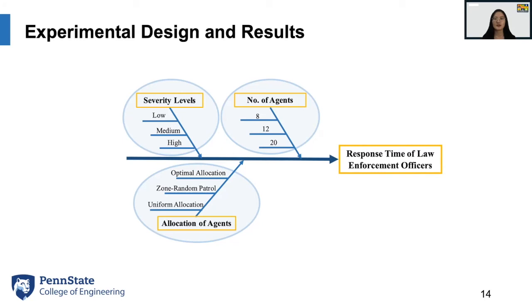Third, to evaluate the effectiveness and the efficiency of the proposed algorithm, we measure the performance based on the response time of an agent to reach crime scenes and benchmark with both zone random patrol and uniform allocation of law enforcement.